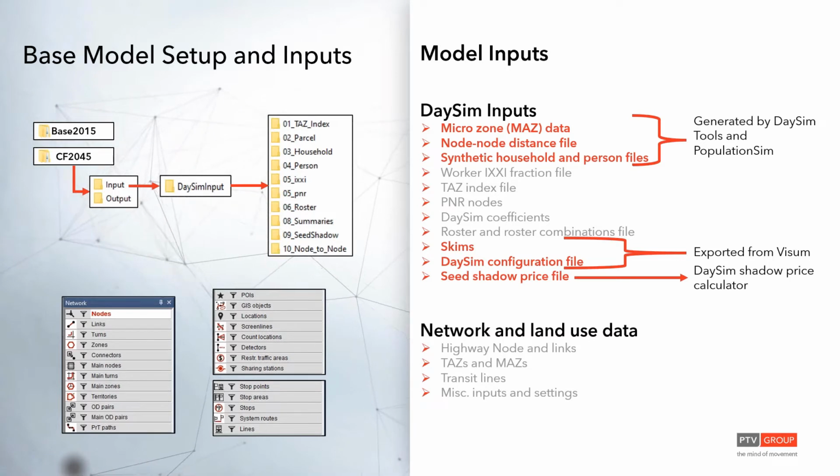So when you're setting up a model for a new region, or if you have made significant changes to your inputs, then you have to run DaySim in shadow pricing mode, where it runs 10 iterations of shadow pricing and generates a shadow pricing file, which gets used for all the subsequent runs.